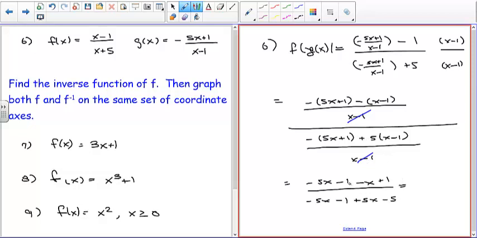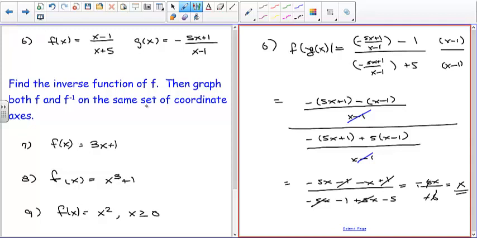So in the numerator, this cancels out with that, and you get negative 5x minus x, which is negative 6x. And the denominator, these cancel out, and you end up with negative 1 minus 5, which is negative 6. And those cancel out, and you're left with x. So, believe it or not, that worked.